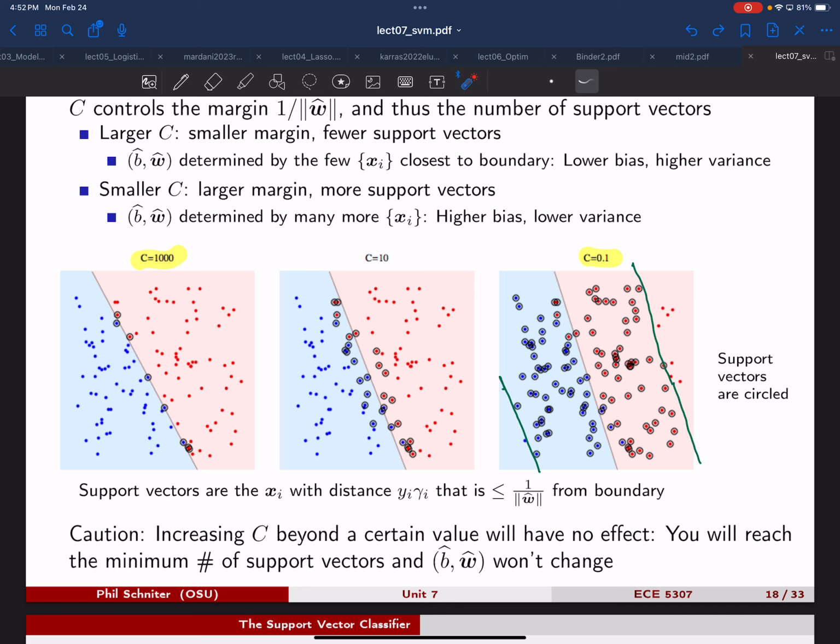In any case, you can see the street is very narrow. And then if you look at C equals 10, now we have something in between. So by controlling that tunable weight C, we change the width of the street and how many data points are determining our boundary.